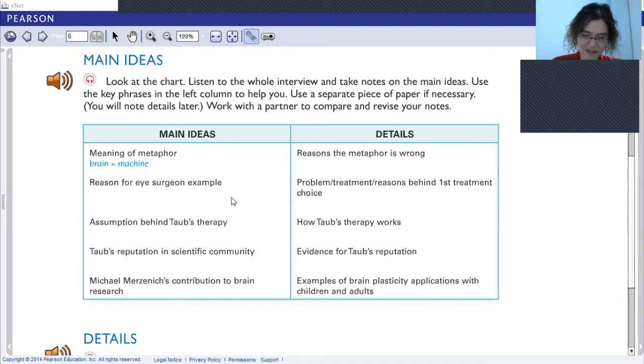You were asked to follow the key words or key phrases of the details, grasp the details and write them down. Now the first one, reasons the metaphor is wrong. What did they say about that? Is there anyone who got that? Please raise your hand if you want to talk. No one?